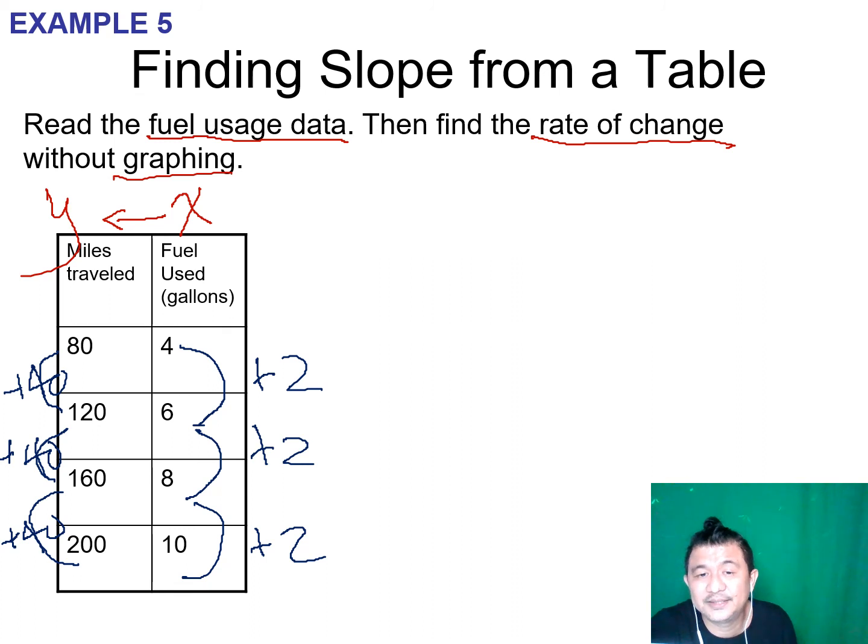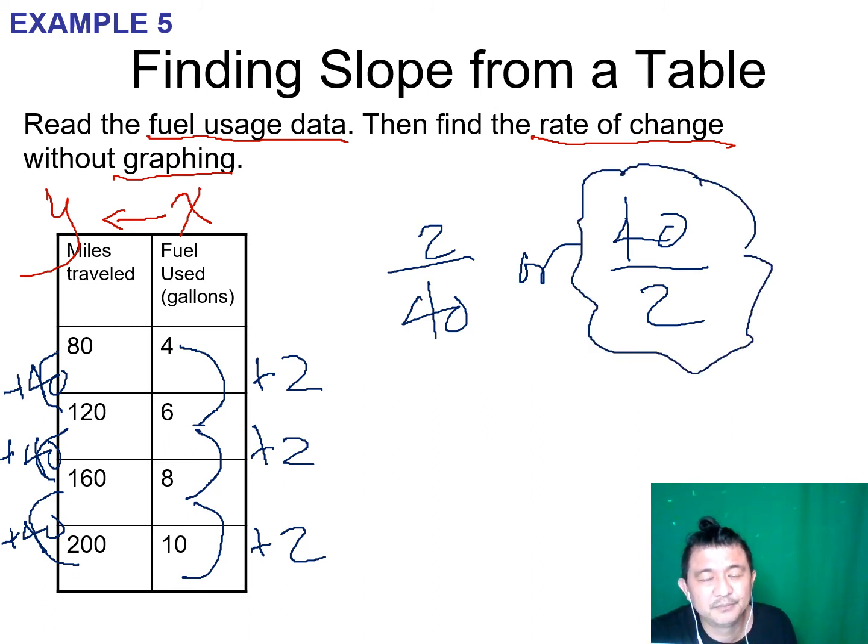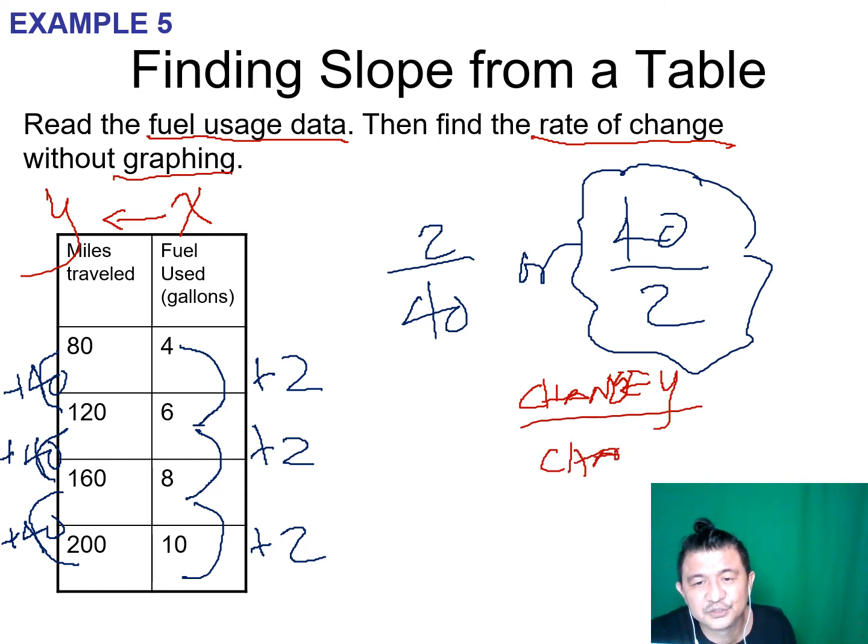And how will I write the ratio? Is it 2 over 40 or 40 over 2? Think. They're different. Okay, the correct answer is 40 over 2. Why? Because our formula says the slope should be the change in the y over the change in the x. The y should be on top.